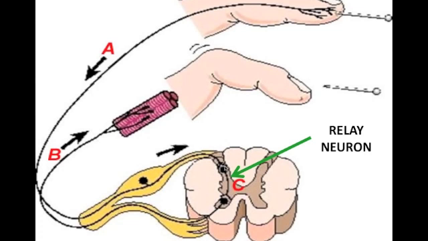The relay neuron effectively is causing a link between the sensory neuron and the motor neuron, and the motor neuron then sends a message back to the muscle fibres inside of the finger, which allows the finger to move away from the pain stimuli.